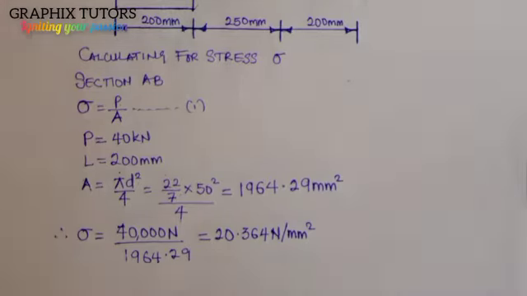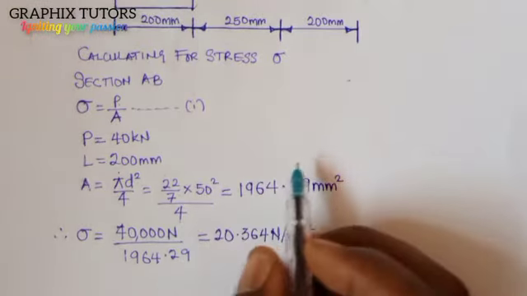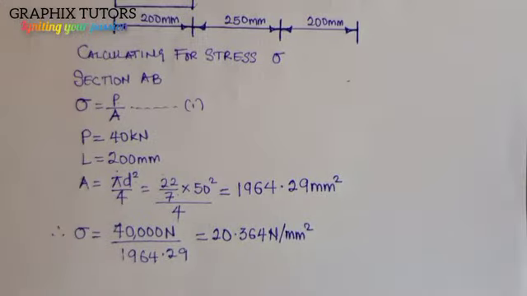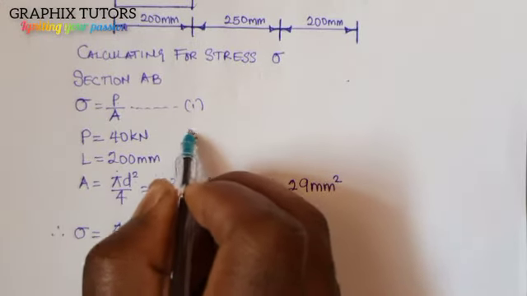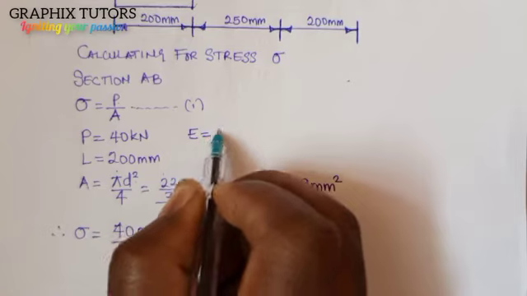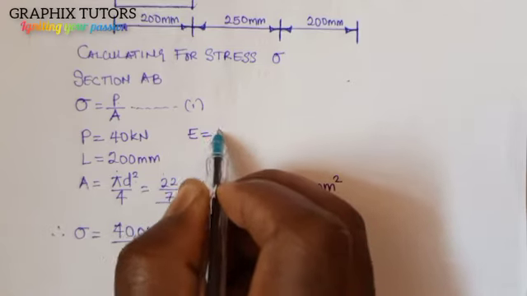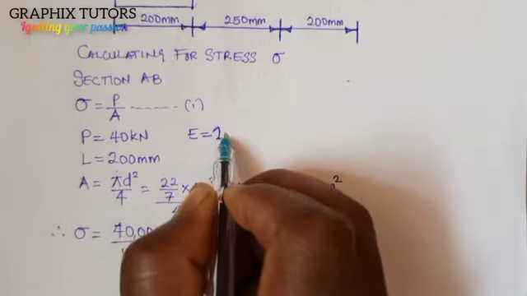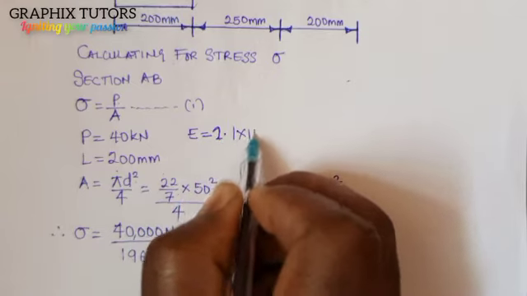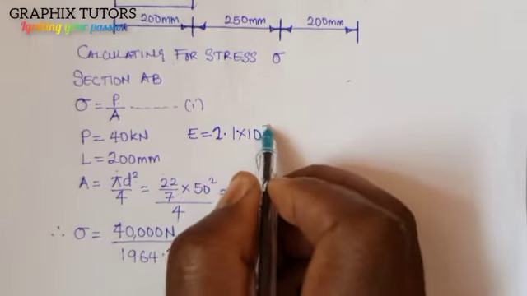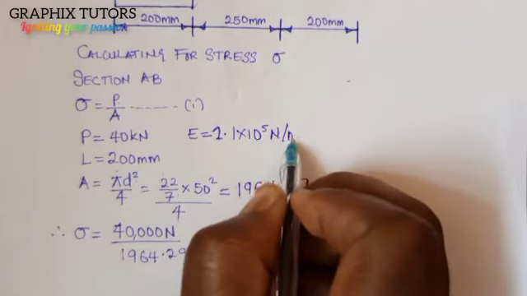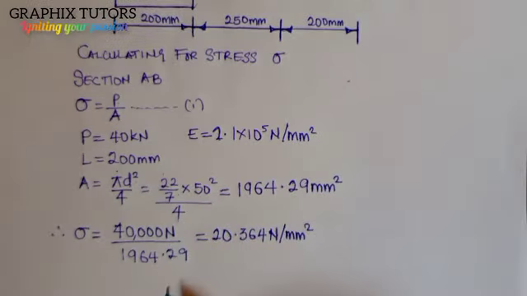Now, if I want to calculate the elongation, because we are told, if you look at the top right corner of your screen, the Young modulus E, let me add it to the parameters. The Young modulus E is 2.1 times 10 raised to power 5 Newton per millimeter square.